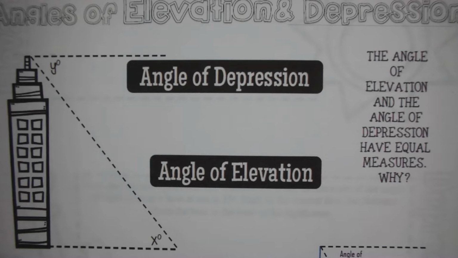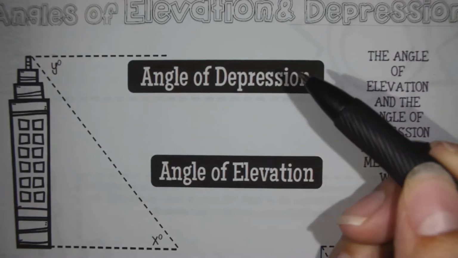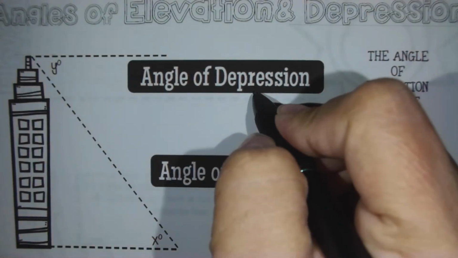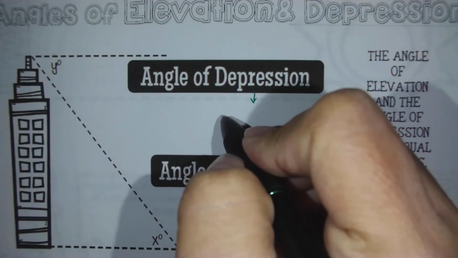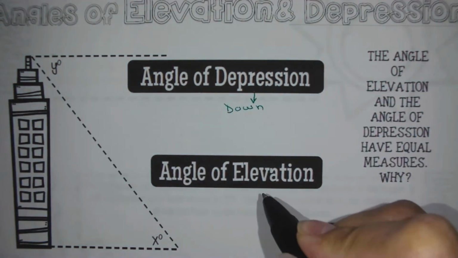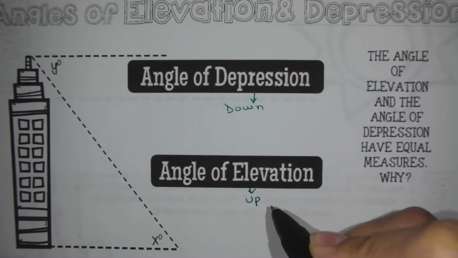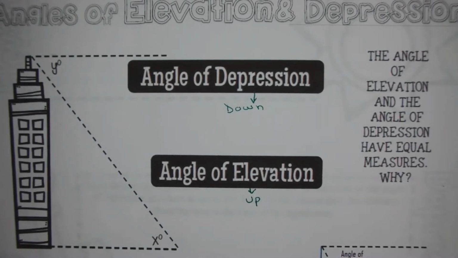Are we looking up? Are we looking down? For an angle of depression, and some of you remember this, it means down. For elevation, this would mean going up. So let's go ahead and talk a little bit more about this.